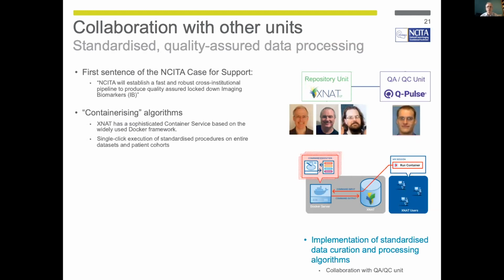I don't have time to explain that to those of you who aren't familiar with containers, but what it'll eventually mean is that we develop, as I said before, these shrink-wrapped containers that contain our standardized procedures. Once we have them, we can execute these with a single click on entire data sets and patient cohorts. So I'm sure you can imagine how much easier that makes it to analyze data.